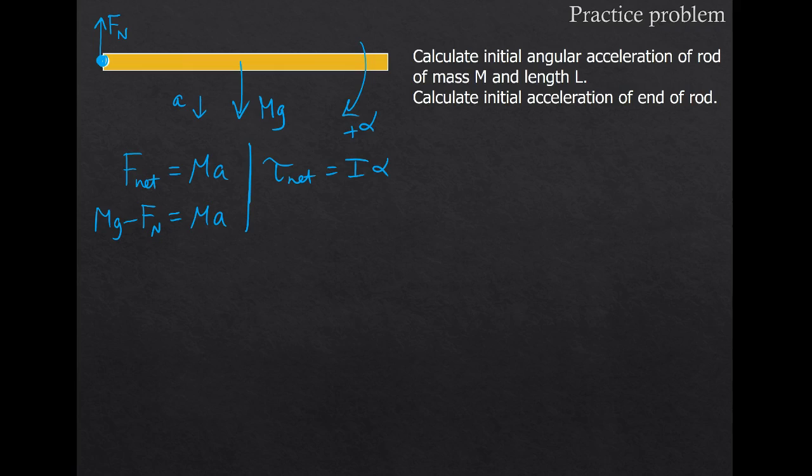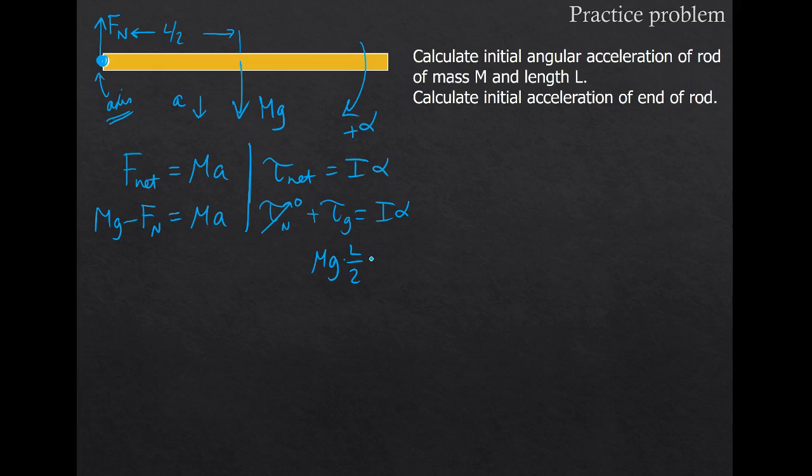So let's go and let's find the net torque. So if we say that the axis of rotation is this point right here where the normal force is acting, there's no torque from the normal force. It's equal to 0. So we just have the torque from gravity equal to I alpha. Okay? So the torque from gravity is going to be mg, and then if it's a length of L, it's actually acting at L over 2, right?